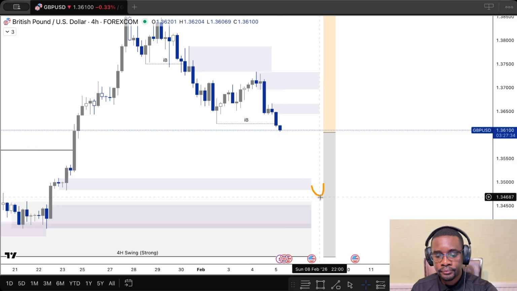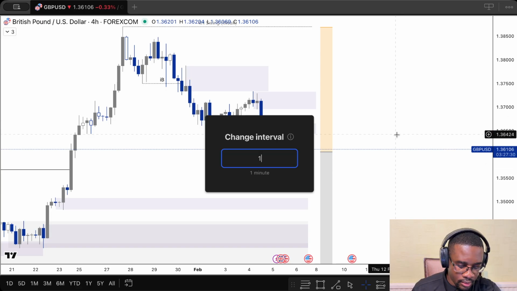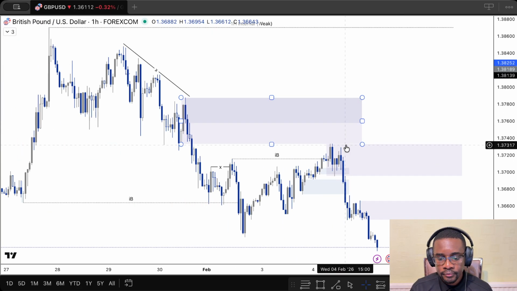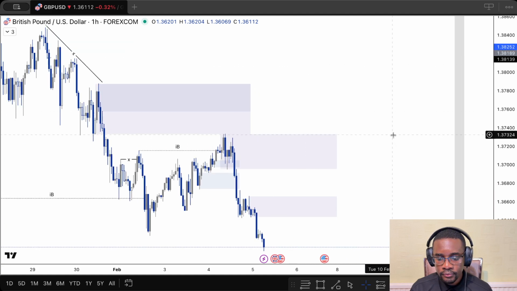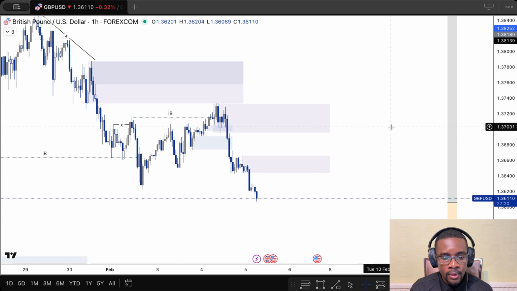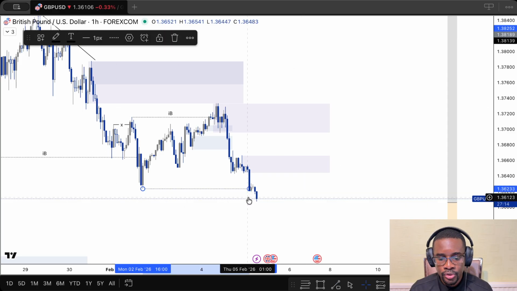So looking at the 1 hour, we have had an internal break of structure again, bearish.